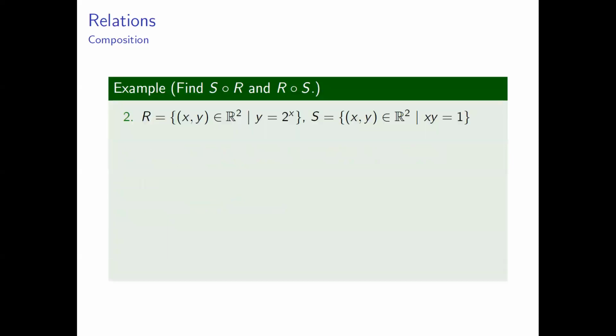Consider the relation R, which consists of all ordered pairs xy of real numbers such that y is equal to 2 raised to x, and the relation S, which consists of all ordered pairs xy of real numbers such that x times y is equal to 1.